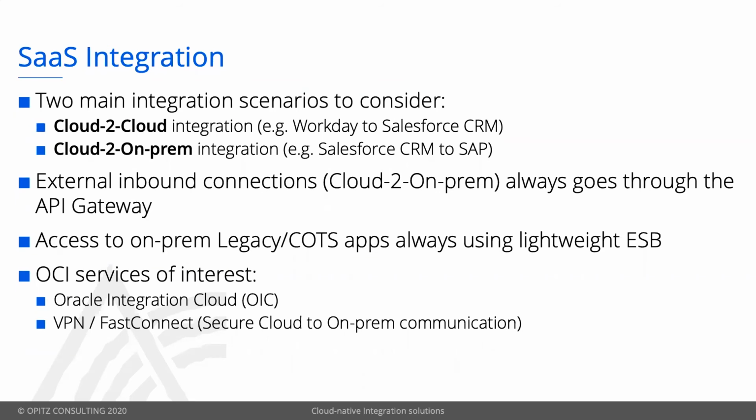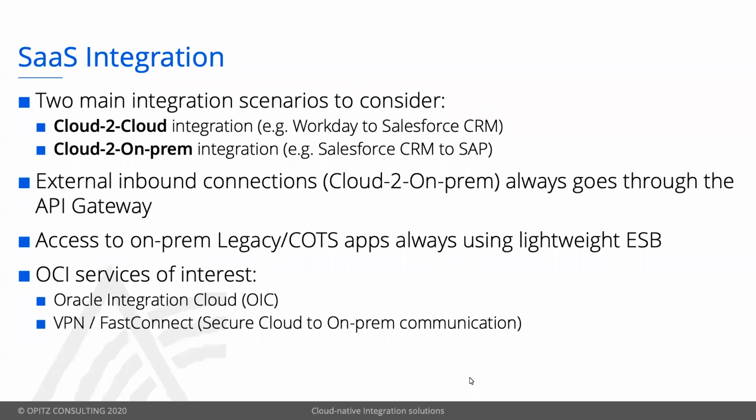And you also have two main scenarios. So you have a cloud to cloud integration and you have a cloud to on-prem integration. Especially when it comes to on-prem integration, you also should have a communication over an on-premise API gateway and access your on-premise integrations accordingly.